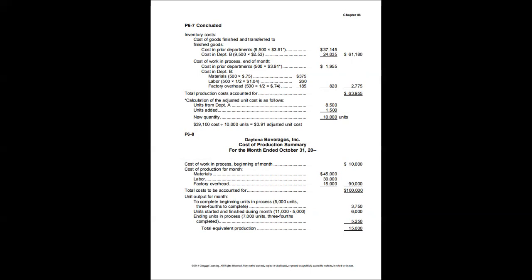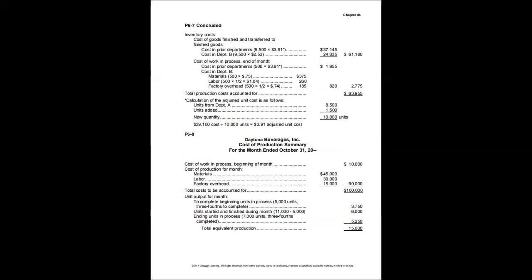So to complete the beginning work in process, 5,000 units, we multiply this by 3/4 because the work done during the previous period is only 1/4 completed. So during the period, we add the 3/4.